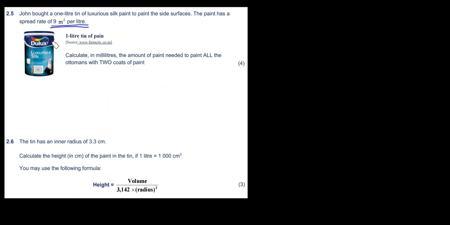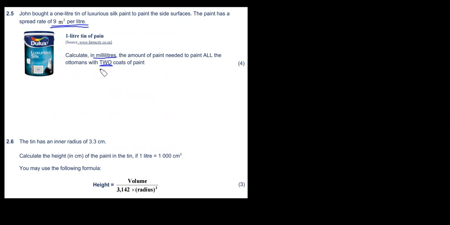This shows a 1 liter tin of paint. Now calculate in milliliters the amount of paint needed to paint all the ottomans with 2 coats of paint, and we need to have our answer in milliliters.